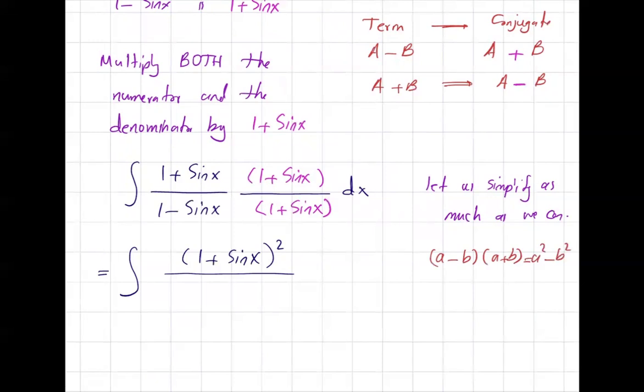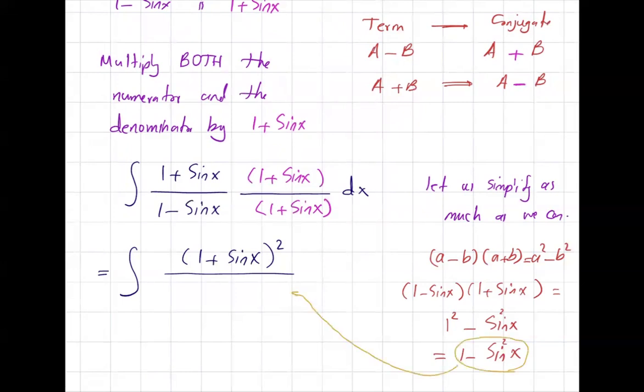So if I multiply 1 minus sine x by 1 plus sine x, this is 1 squared minus sine squared of x, or 1 minus sine squared of x, right? Okay, perfect. Let us for now copy this down here.